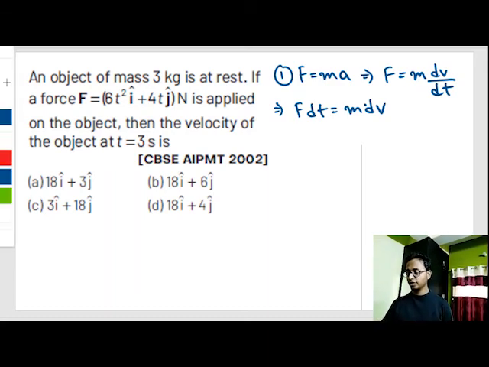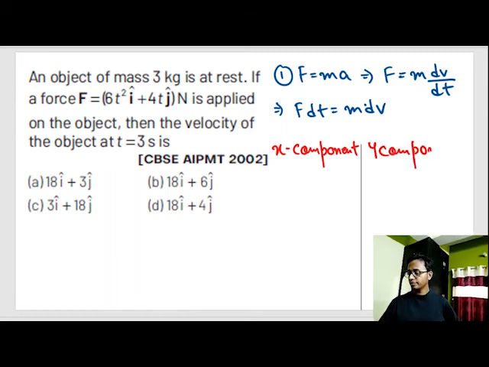Whenever 2D components of any vectors are given, just divide them into x component and y component. In x component, what is the x component of force?